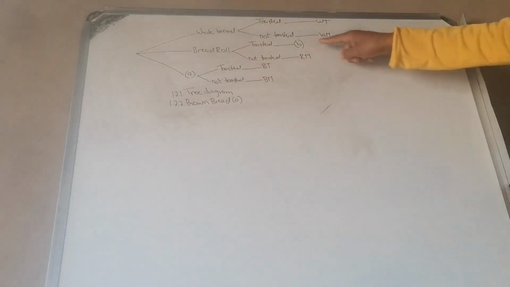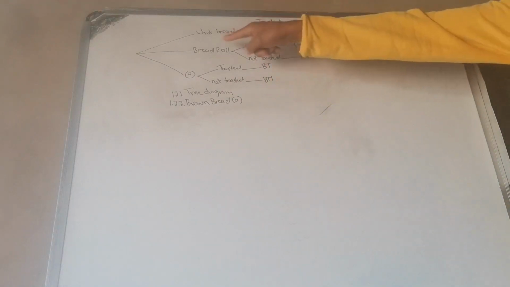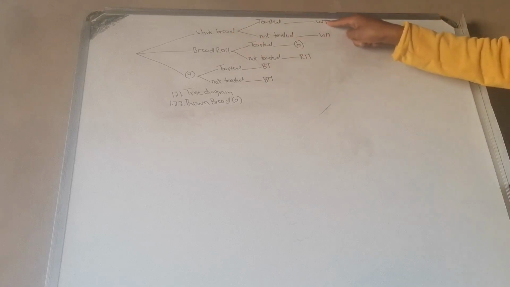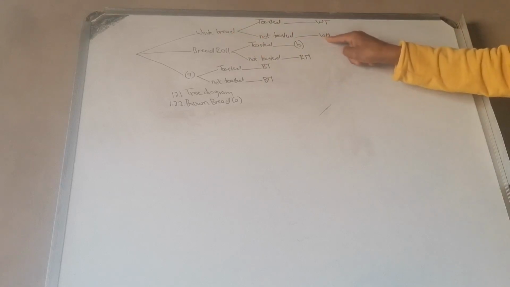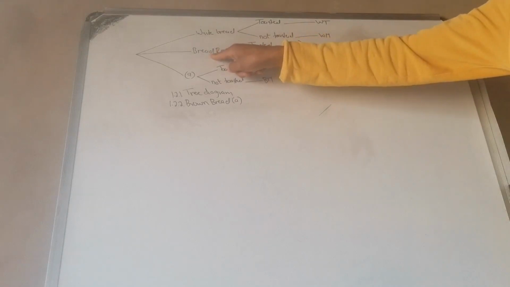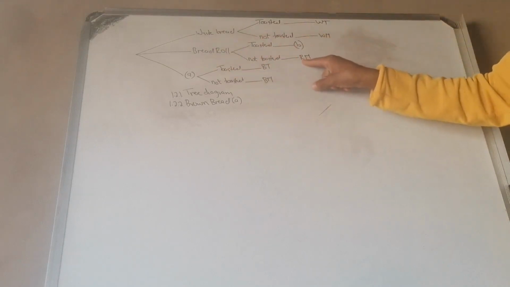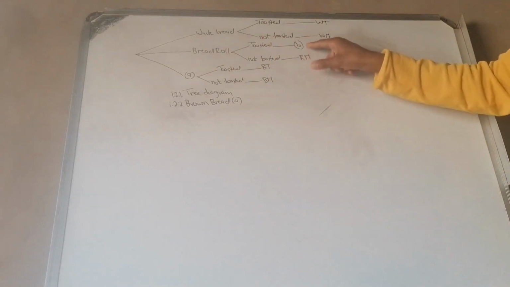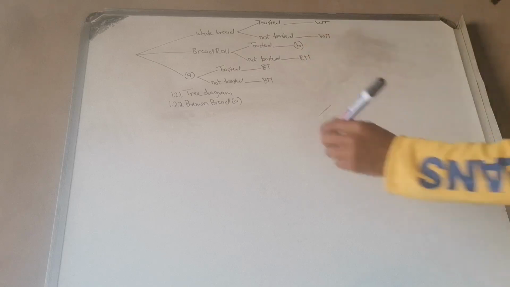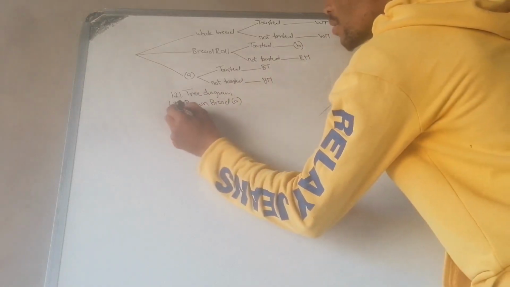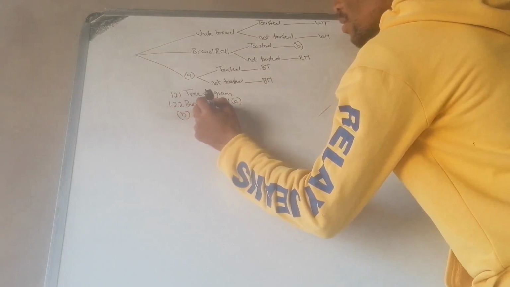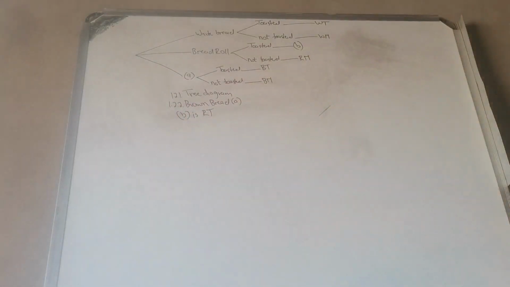What are we going to write here? We have white bread, which is white toasted and white not toasted. We have a bread roll here, roll not toasted. This will be roll toasted, RT. I don't know if this is making sense. Are we fine? Yeah. Very good.